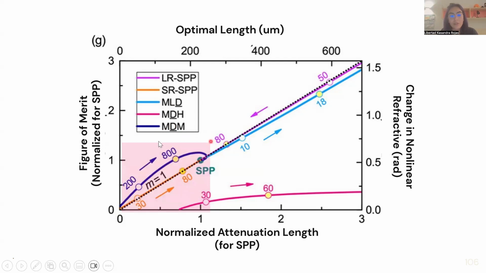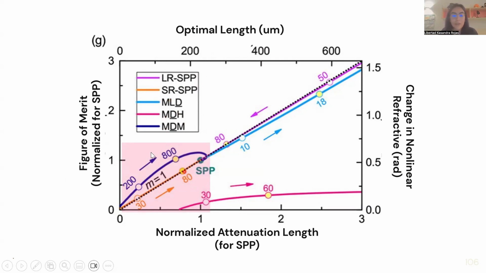Once again, as I told you at the beginning, I just wanted to focus on this little square here. Compared to all the other types of modes, the ones performing the best at a lower optimal length are our metal dielectric metal waveguides. If you want to achieve such nonlinearity, you need a much lower length than you would need for other waveguides, such as the ones performing worse, the MDH here.